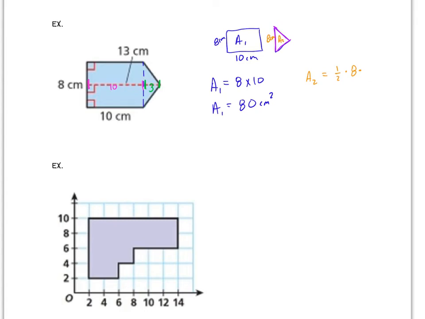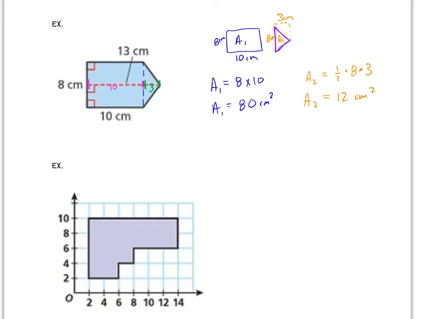So our height of our triangle here is 3 centimeters. So 1/2 times 8 times 3. So you plug that into your calculator, you would get 12 centimeters squared.